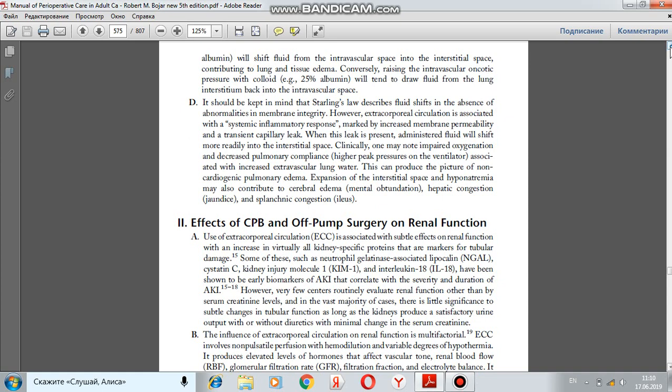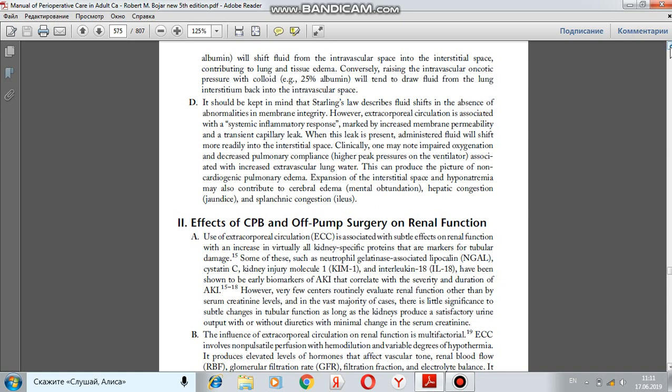It should be kept in mind that Starling's law describes fluid shifts in the absence of abnormalities in membrane integrity. However, extracorporeal circulation is associated with a systemic inflammatory response marked by increased membrane permeability and a transient capillary leak. When this leak is present, administered fluid will shift more readily into the interstitial space.